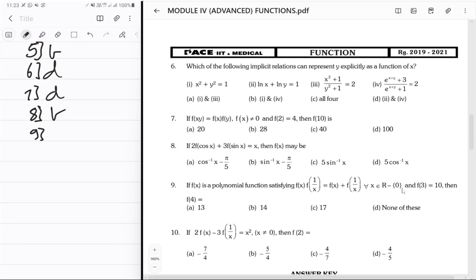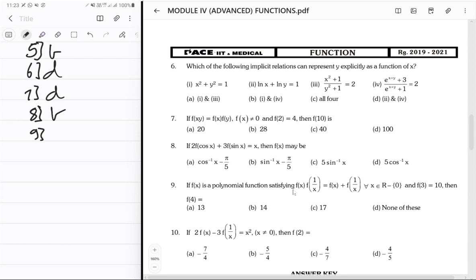Think about it. What would be the degree? I should not say degree because that would not be a polynomial function. Who cares? So you just expand this thing f of x times f of 1 upon x. After expansion, what's the highest x power that we'll get? That's what I'm calling a degree.